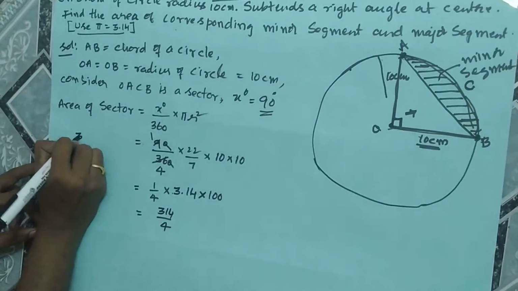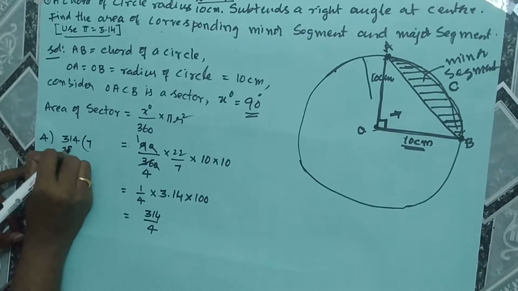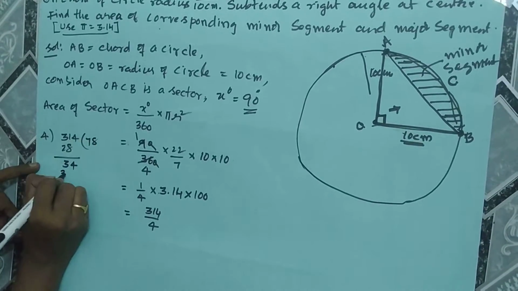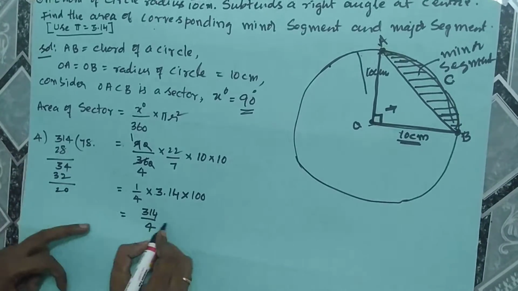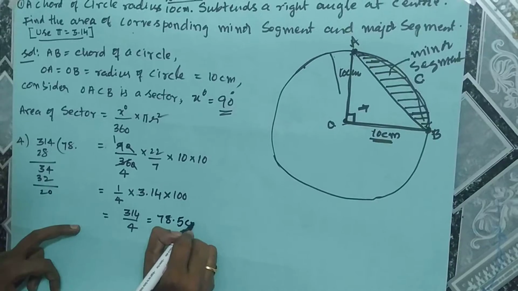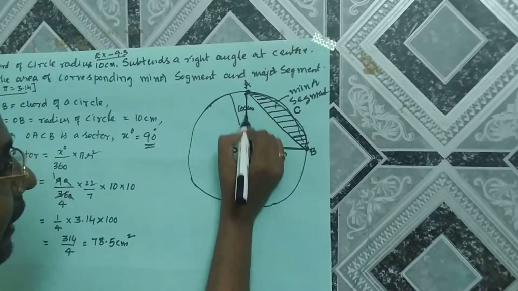Dividing 314 by 4, we get 78.5 centimeters square, the area of the whole sector.